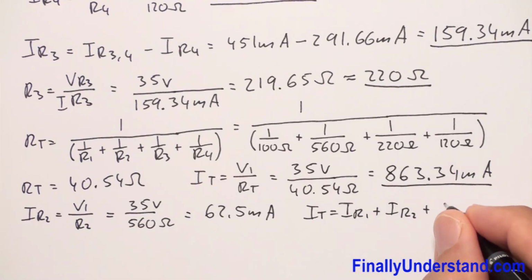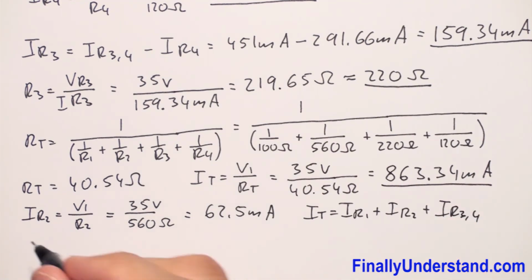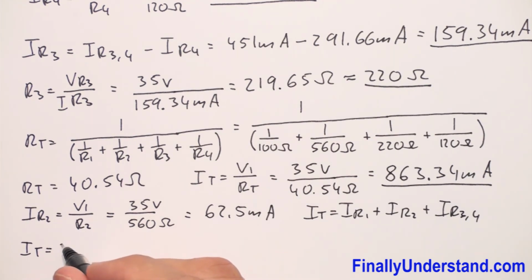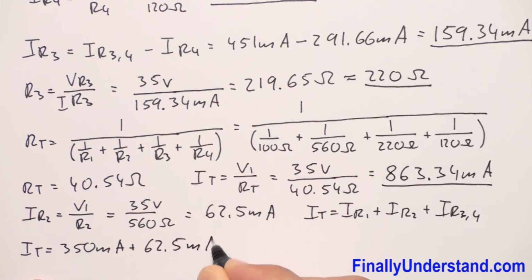So I total is equal to IR1, which is given as 350 milliamps, plus IR2, which we found is 62.5 milliamps, plus IR34, which is 451 milliamps.